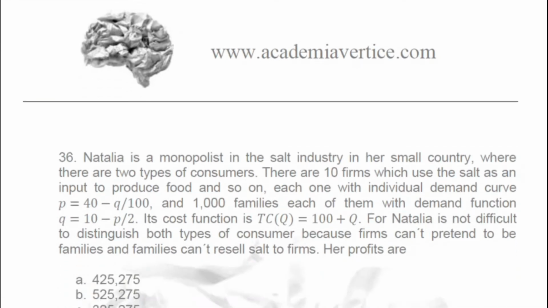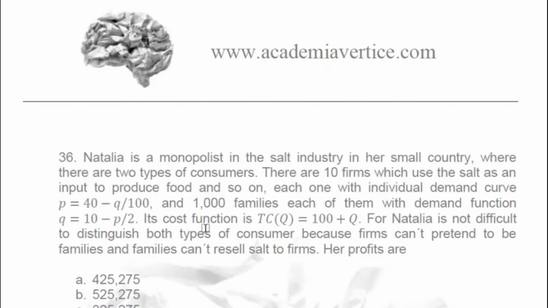Natalia is a monopolist in the salt industry in her small country, where there are two types of consumers. There are 10 firms which use the salt as an input to produce food and so on, each one with individual demand curve P equal to 40 minus Q divided by 100, and 1000 families, each of them with this demand function.